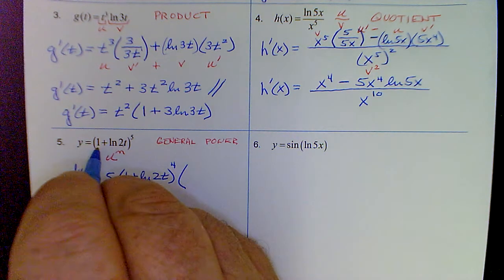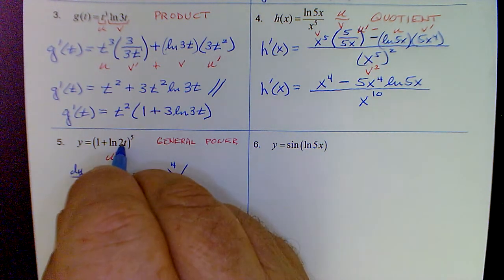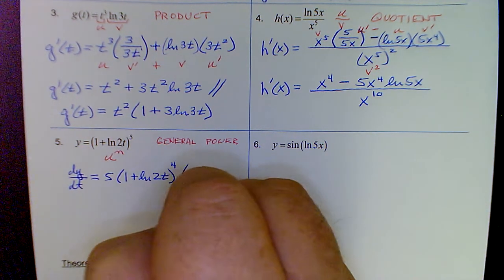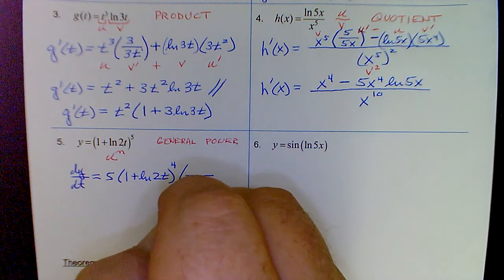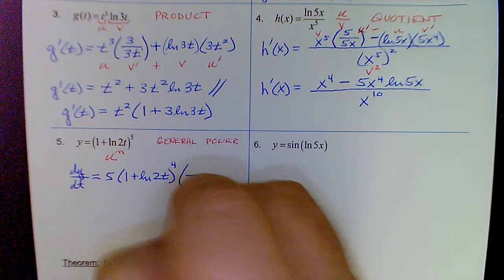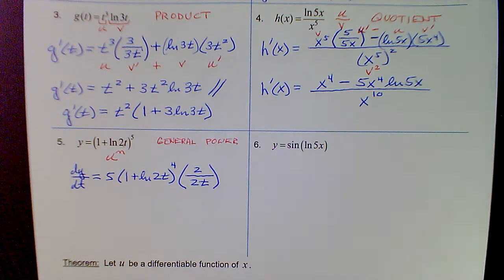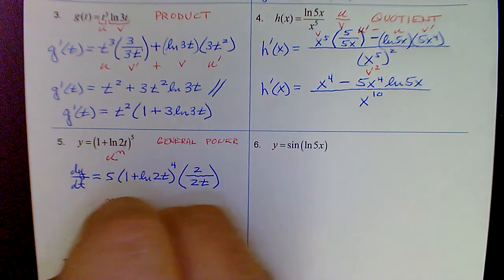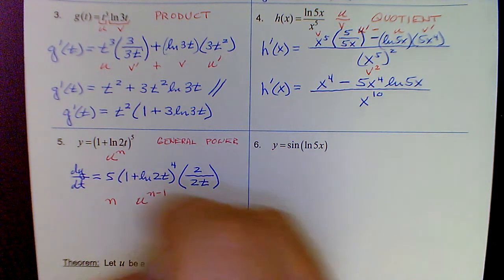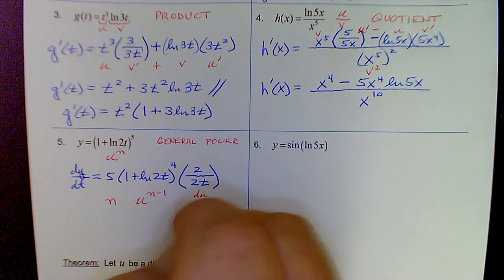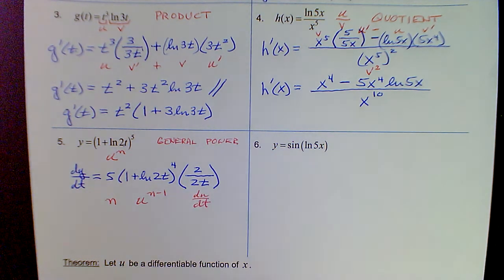Term by term, the derivative of 1 is 0, the derivative of the natural log of 2t, again the formula for the natural log of u, log goes away, we get a fraction, argument 2t in the denominator, its derivative 2 in the numerator. So with respect to the general power rule, there's n u to the n minus 1, and then in this case, formally, we should say du dt.